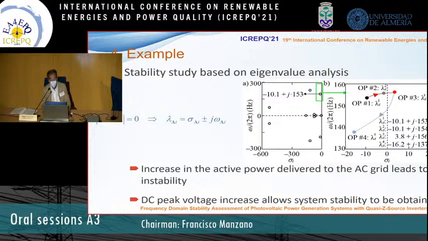So the operating point 3 is unstable. And the frequency of this unstable point corresponds to 150 Hz, the imaginary part of the eigenvalue.